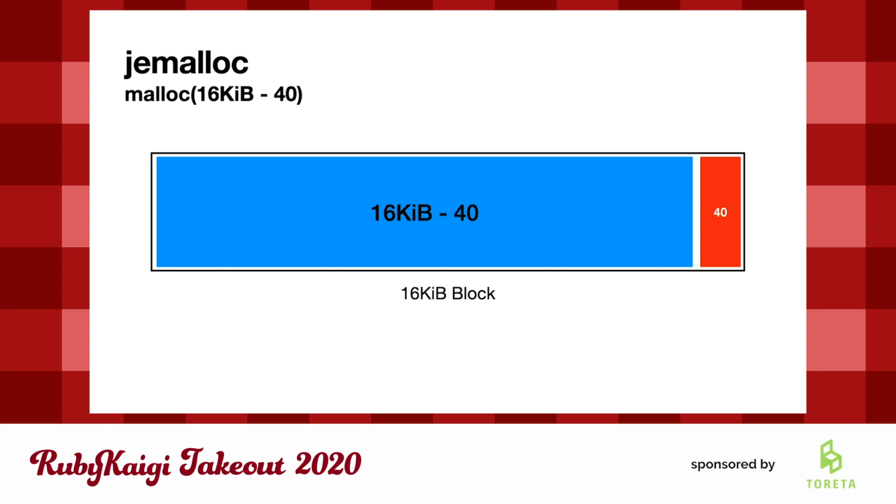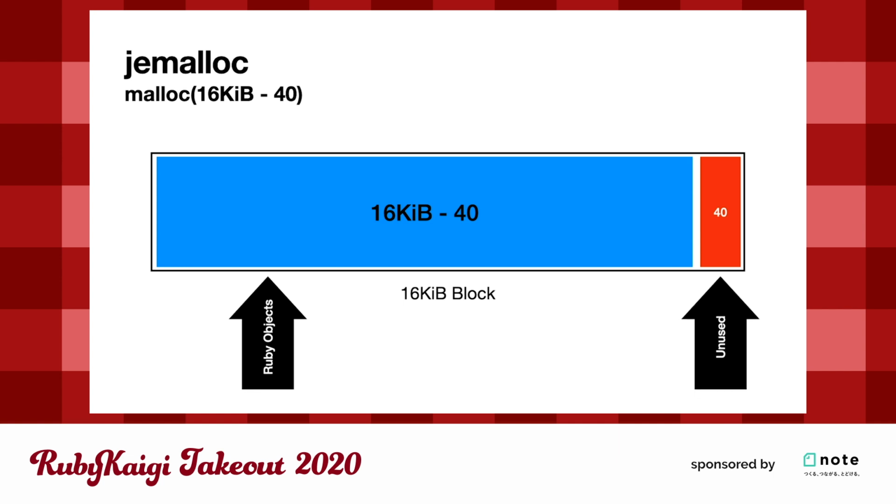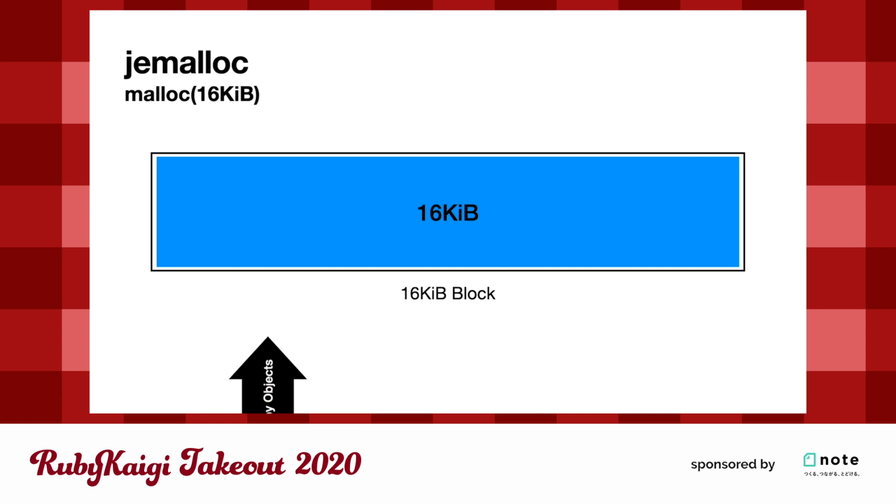jemalloc uses fixed size blocks, and 16 kilobytes is one of the block sizes. Allocating nearly 16 kilobytes will reserve an entire block, but the 40 bytes at the end will be wasted. So we store Ruby objects in this blue block, but the remaining 40 bytes is unused.